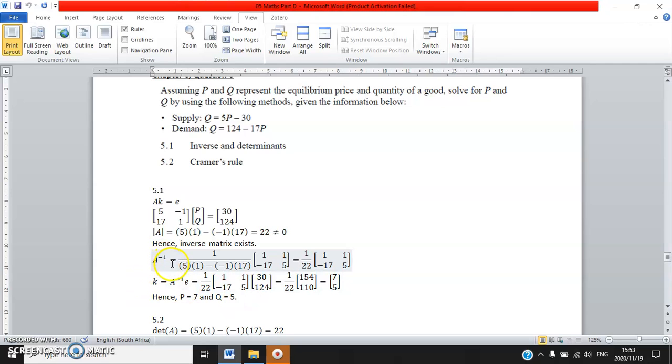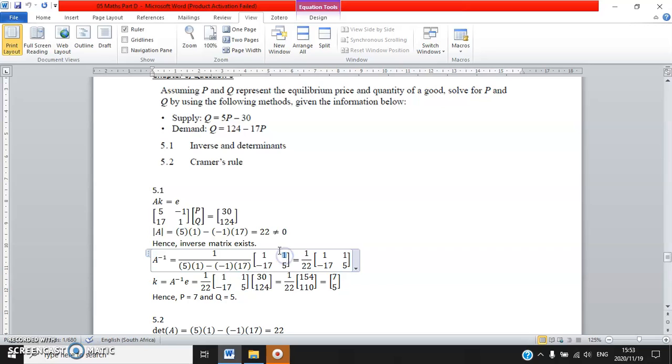Then we move on to derive the inverse of matrix A, which is 1 over the determinant. It means 1 over 22 times the new matrix of A, because you have to change some of the elements. Remember, A and D have their positions swapped. Do you see 1 and 5? And the other two terms, B and C, stay but are multiplied by minus 1.